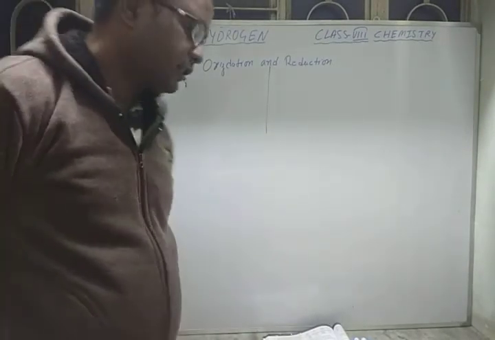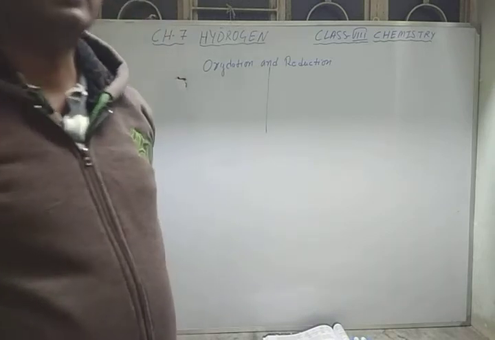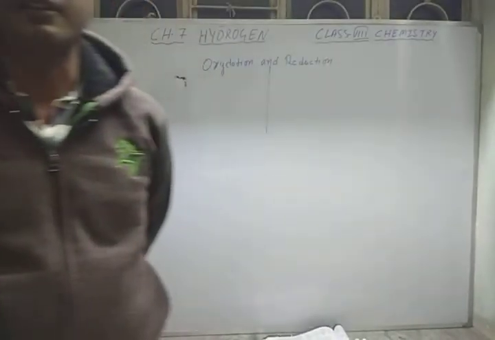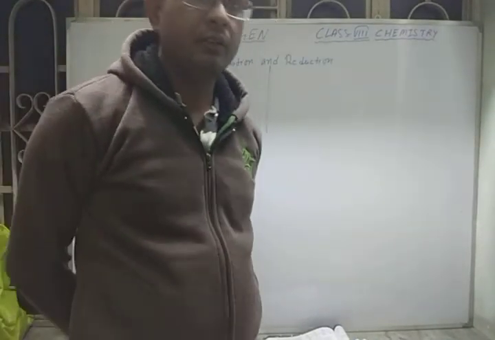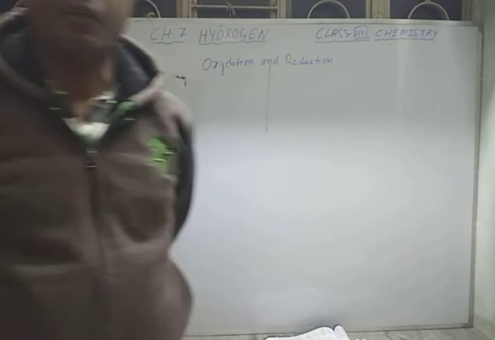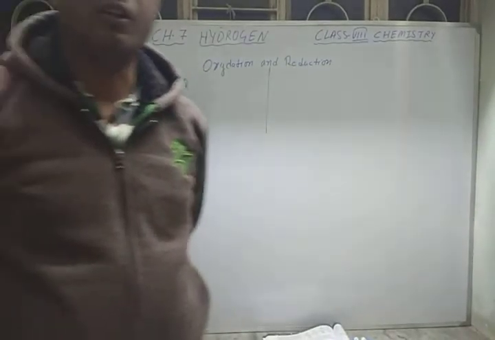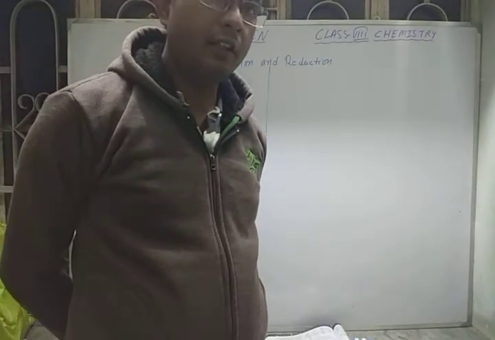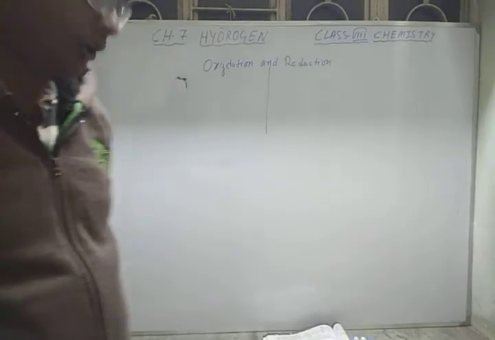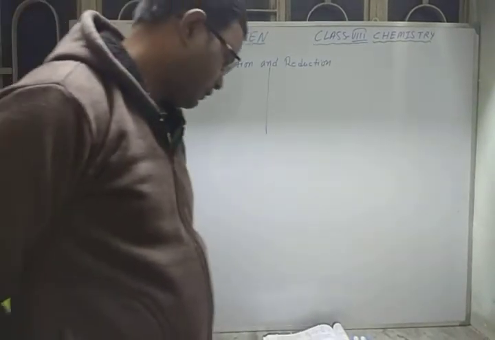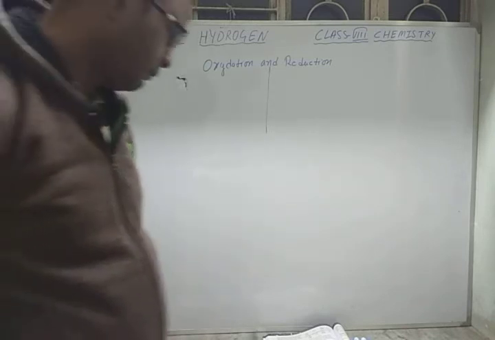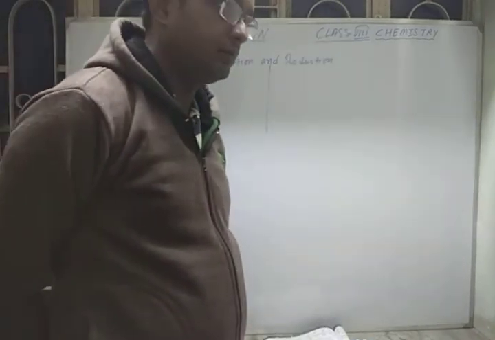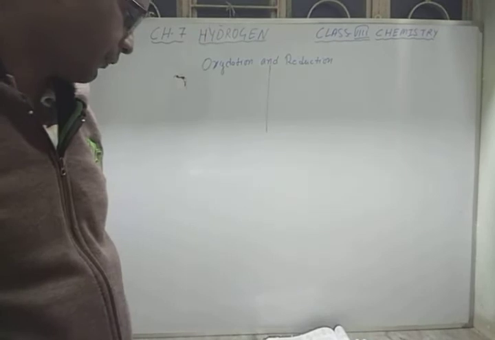The chemical reaction in which either oxygen is added or hydrogen is removed. If in a reaction hydrogen is removed or oxygen is added, then the reaction is called an oxidation reaction. This is the main definition, the main concept of oxidation and reduction.